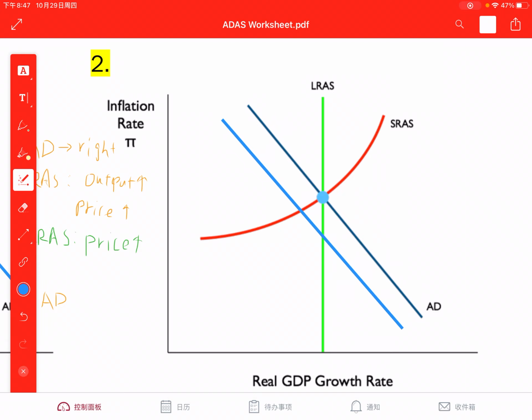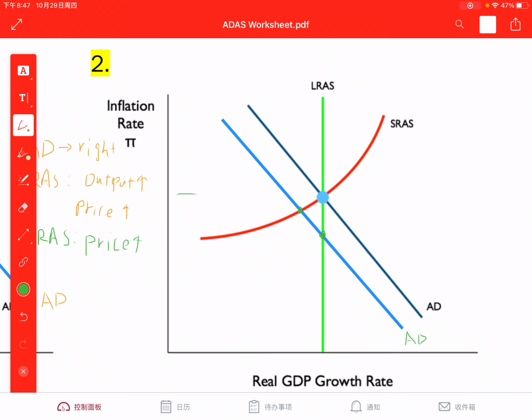So what will happen if the aggregate demand goes to the left? We will have a new AD over here. We could say it still has two new intersections with the short-run aggregate supply and the long-run aggregate supply. So let's see the short term first.